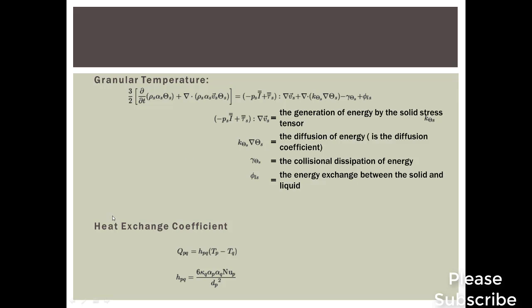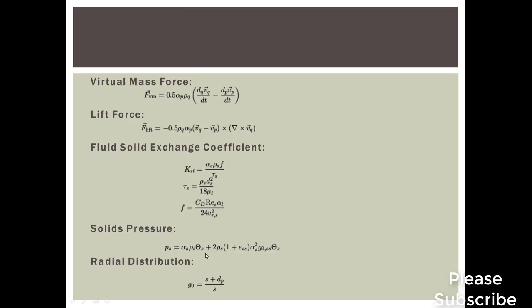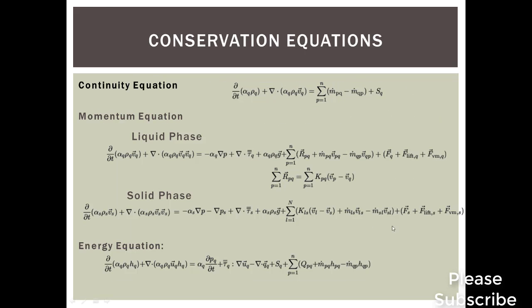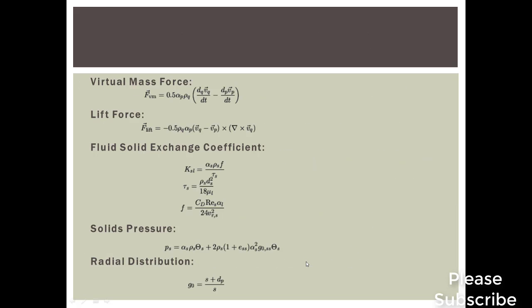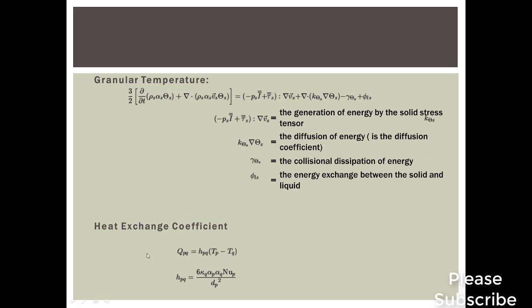And the next one is the heat exchange coefficient. As I mentioned, how the heat is being exchanged between solid and liquid. That is Q_pq, where the heat exchange between solid and liquid, and h is the heat transfer coefficient, T_p minus T_q is the temperature difference between two phases, and h_pq depends on the Nusselt number of the particles as well as the conductivity of the phases.